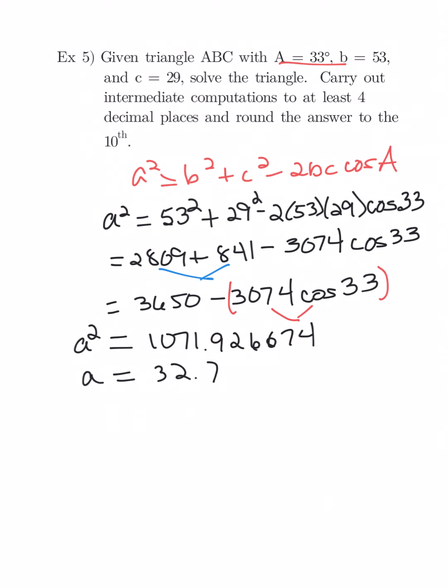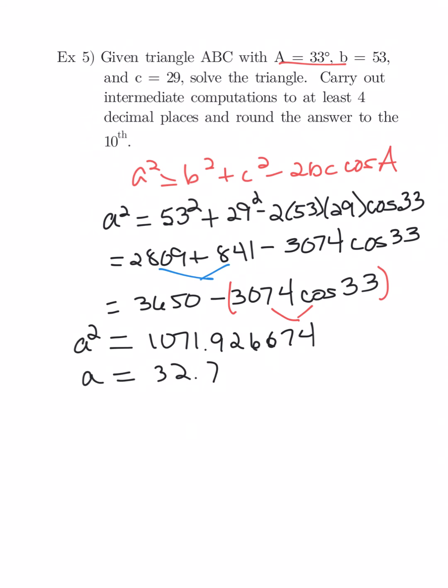The thing is that it is possible on these problems to have an ambiguous case for the law of sines. So it's dangerous to go back to the law of sines. I recommend that you stick with the law of cosines to find your first missing angle.